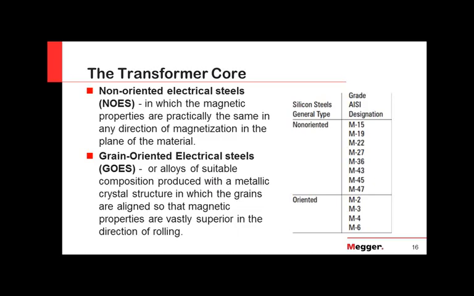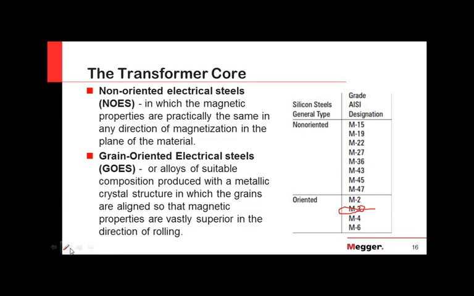If you go to the grain-oriented electrical steels, these alloys are produced with a metallic crystal structure in which the grains are aligned so that magnetic properties are vastly superior in the direction of rolling. And here you will see especially one of the typical materials we use for transformers are in this area, on the M3.